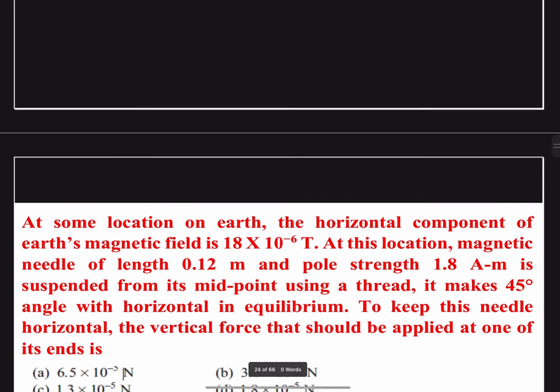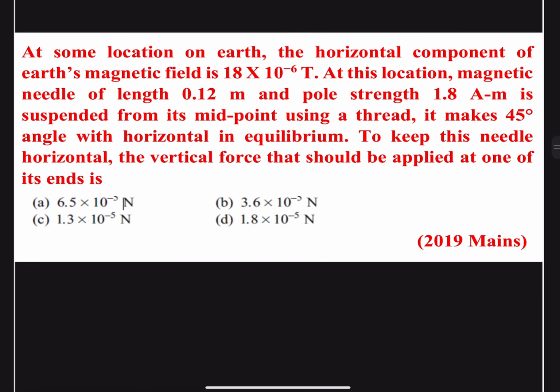We are given here that it was asked in the year 2019, and it states that at some location on Earth, the horizontal component of Earth's magnetic field is 18 into 10 to the power minus 6 Tesla. At this location, a magnetic needle of length 0.12 meter and pole strength of 1.8 ampere meter is suspended from its midpoint using a thread.